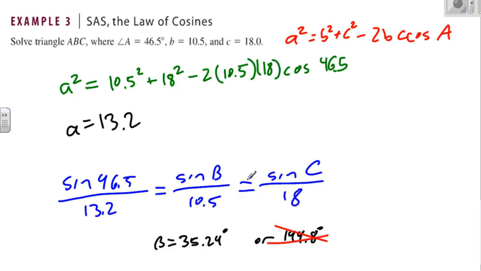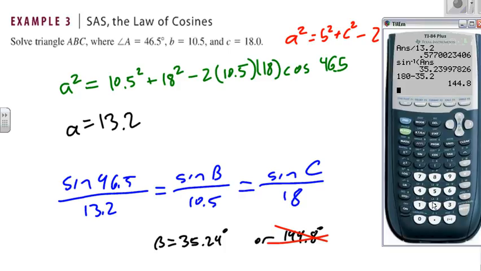We don't need to use law of sines even, we just need to subtract 35.24 plus 46.5. Subtract that from 180.